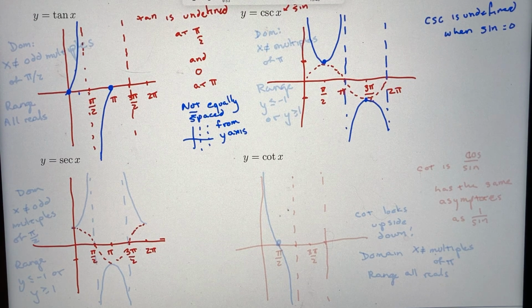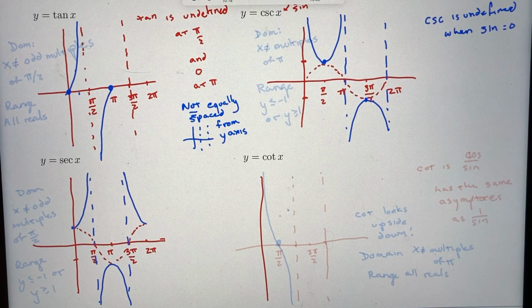Secant has asymptotes when cosine crosses the axis. Oh, these are the same asymptotes as tangent. So secant has a graph that looks like this. Well, that's weird.